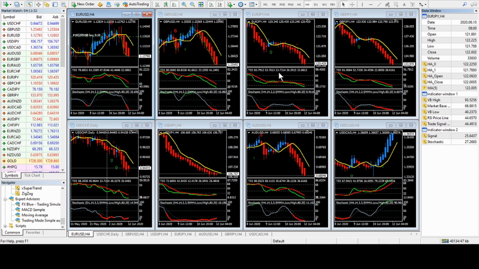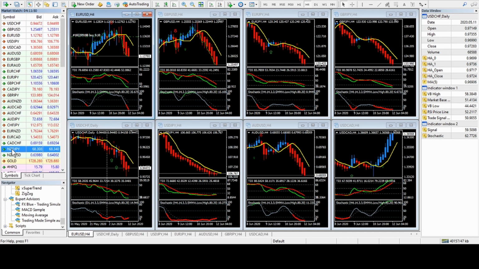Risk on currencies are usually the Aussie, the CAD, and the Kiwi. Those are the currencies that are risk on. The risk off currencies are the dollar, the yen, and the Swissy.